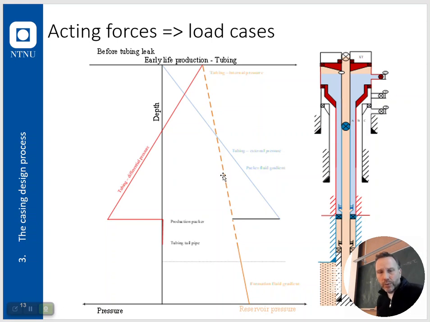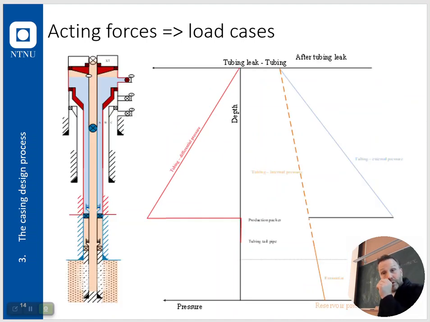This yellow one here is the production forces from the reservoir. What you're producing. Yeah, that would be the shut-in pressure.